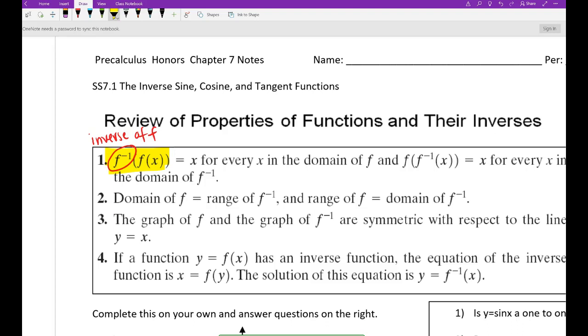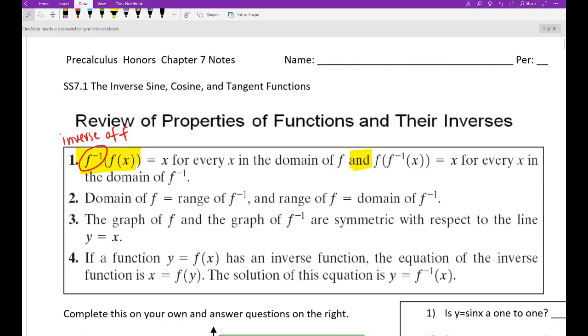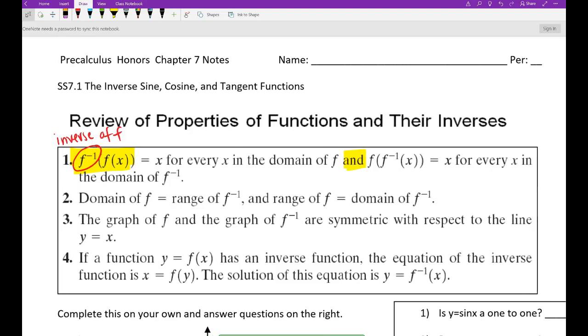And, this is a really important keyword, and. F composed with F inverse of x equals x for every x in the domain of F inverse, okay? So what that is saying in plain English is, when I compose the regular and its inverse, they both have to equal x for them to be inverses of each other.